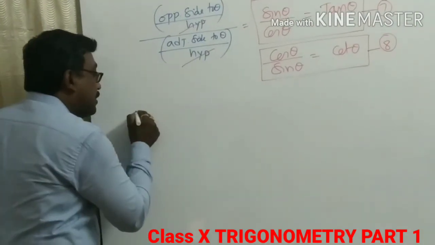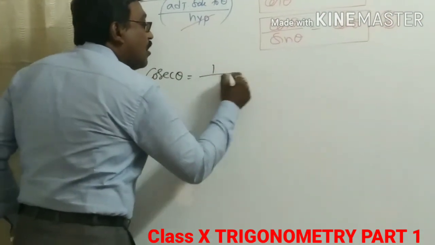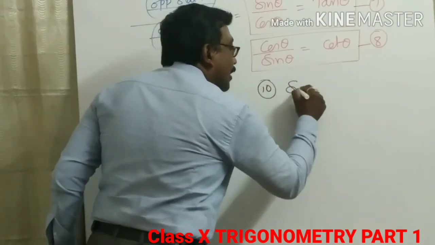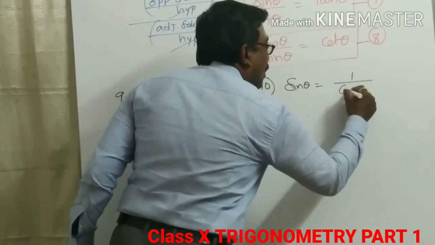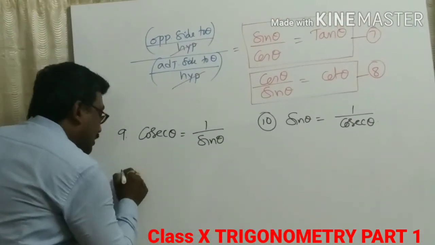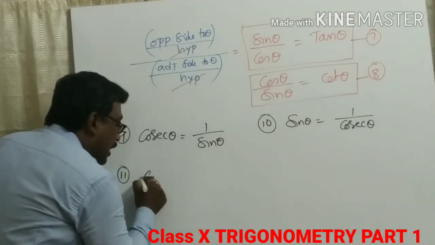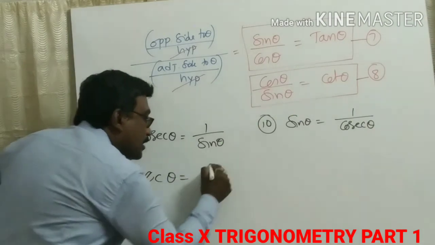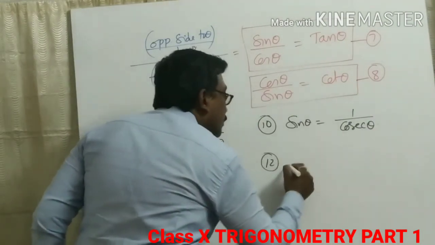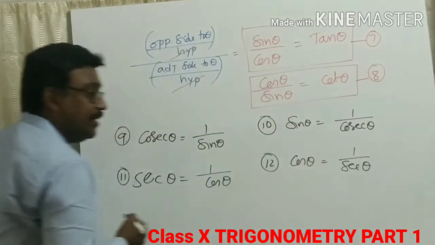That is the 9th one: cosecant theta is 1 by sine theta. At the same time, 10th one, sine theta is 1 by cosecant theta. And the 11th one, secant theta is equal to 1 by cos theta, and 12th one, cos theta is equal to 1 by secant theta.